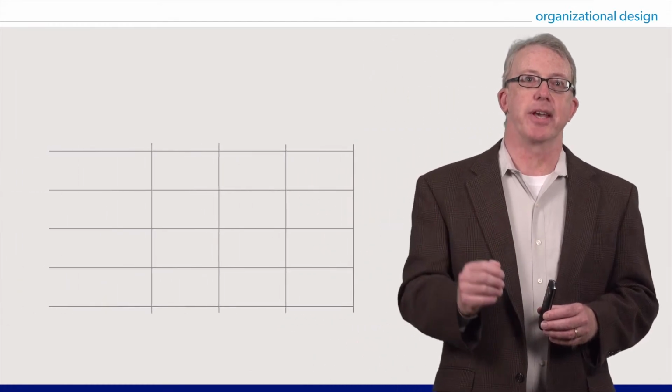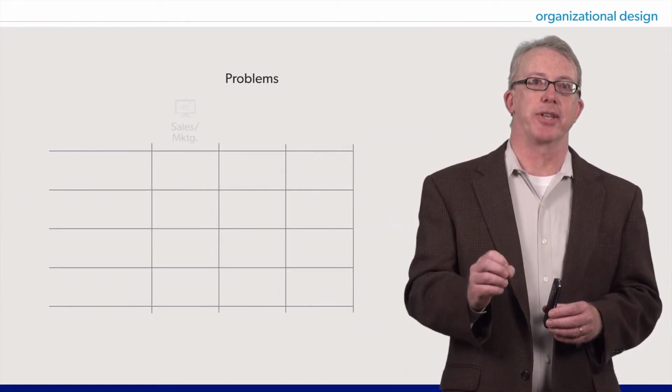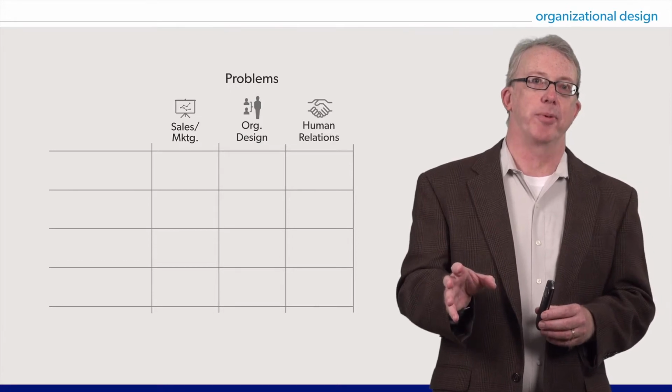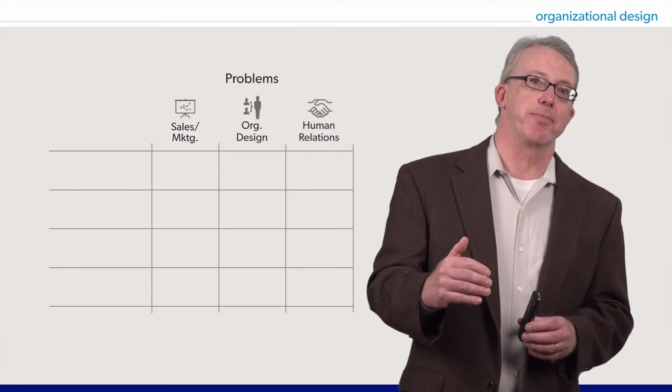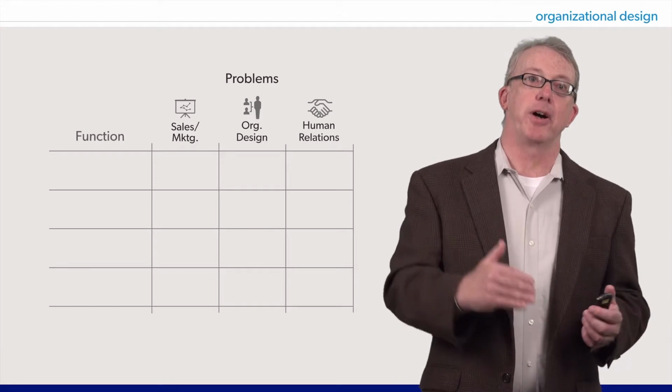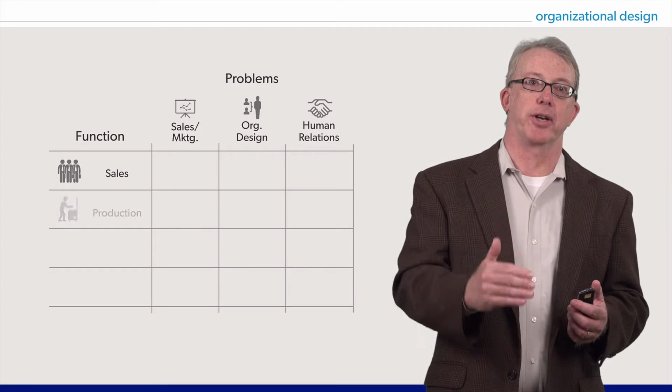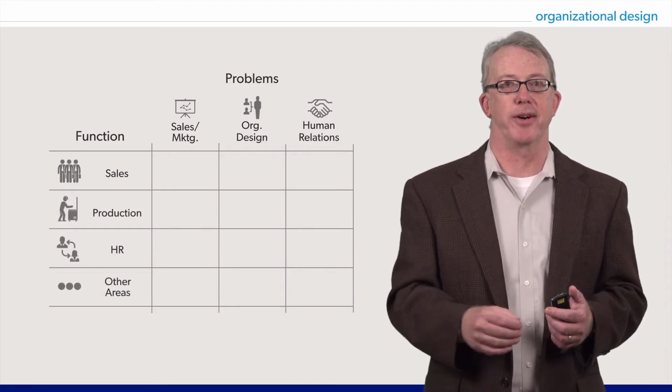And in the columns, they categorized, did the manager see a sales problem, an org design problem, or some kind of human relations problem? They then classified the answers that people gave by the function that they occupied within the firm. Were they a salesperson, a production person, or an HR person, or something else?